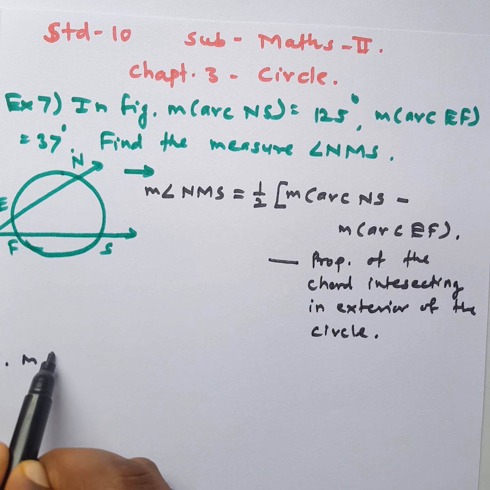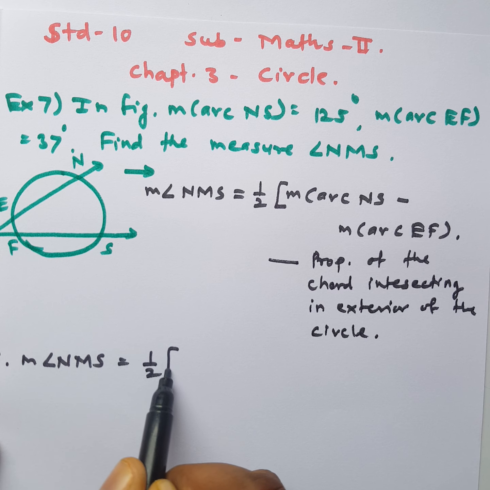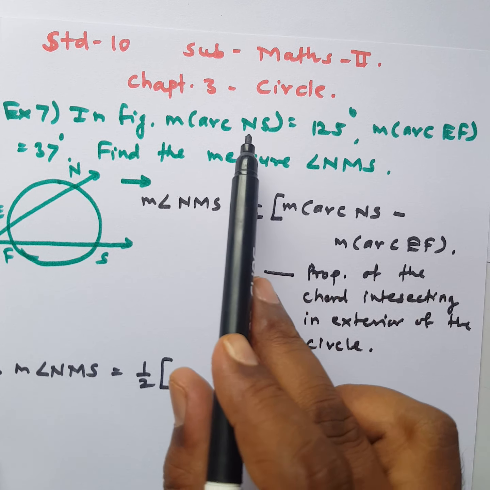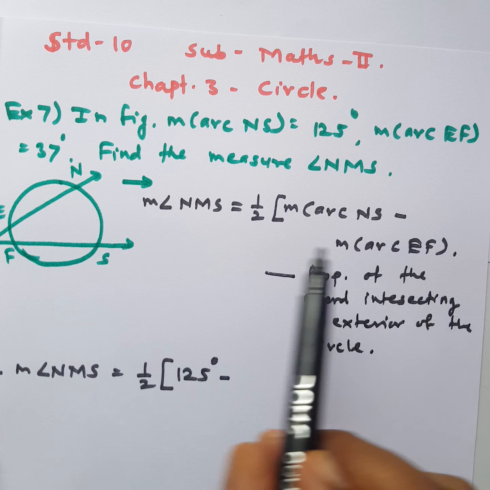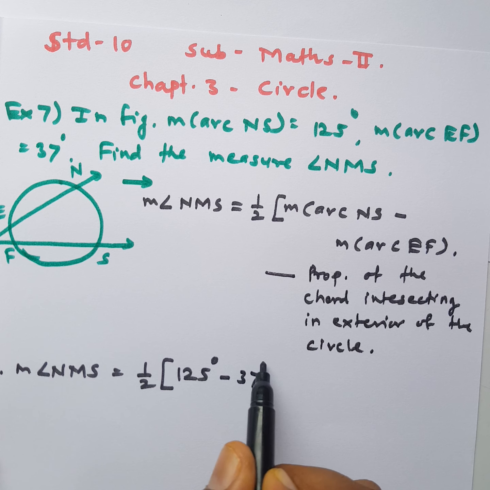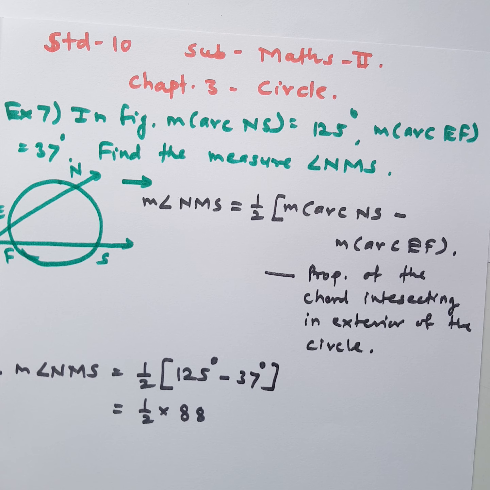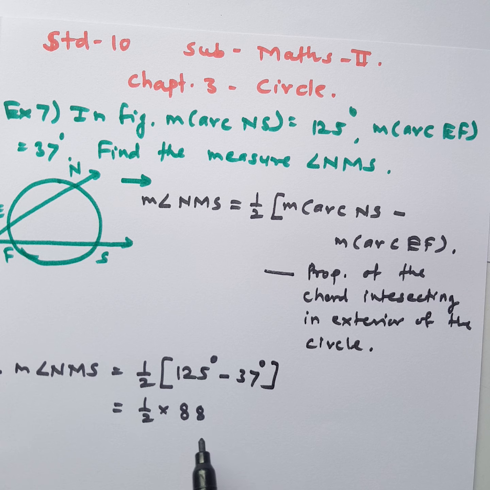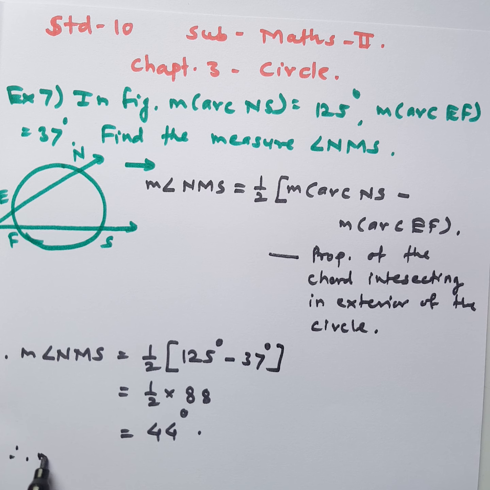Therefore, measure of angle NMS is equal to 1/2 in the bracket measure of arc NS 125 degrees minus measure of arc EF 37 degrees. The subtraction of 125 minus 37 will be 88. 1/2 into 88 is equal to 44 degrees. Means measure of angle NMS is equal to 44 degrees.